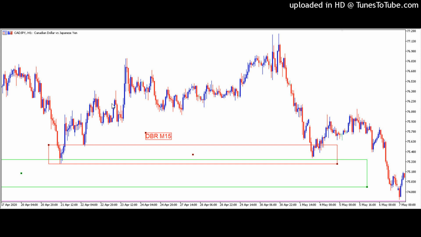So here's a chart where I'll just quickly show you two more examples. So first we've got the accumulation, then the manipulation, and then the distribution, and then straight away after we've got accumulation, manipulation, and then distribution again. So these are just the last two examples that I'll show you.